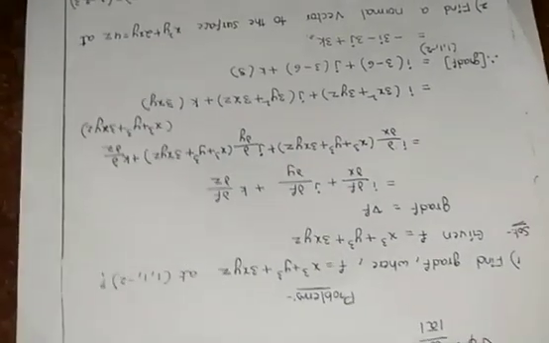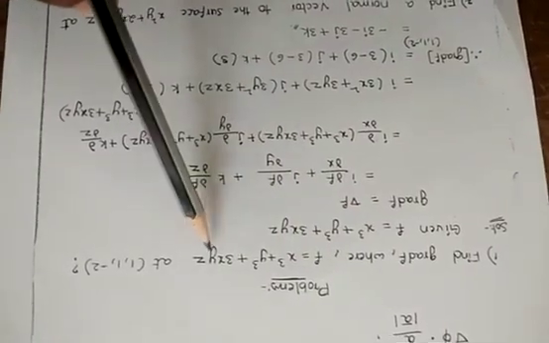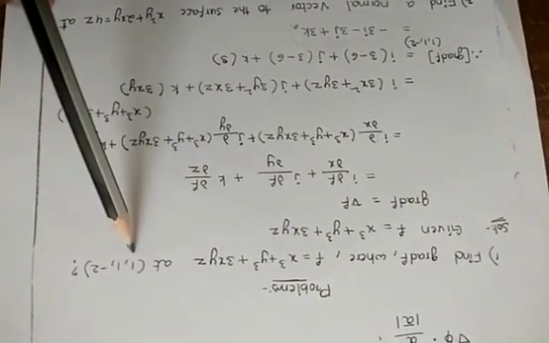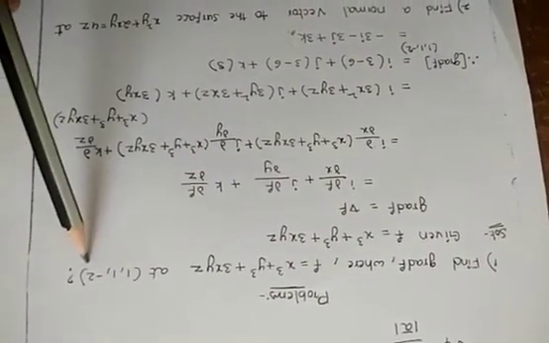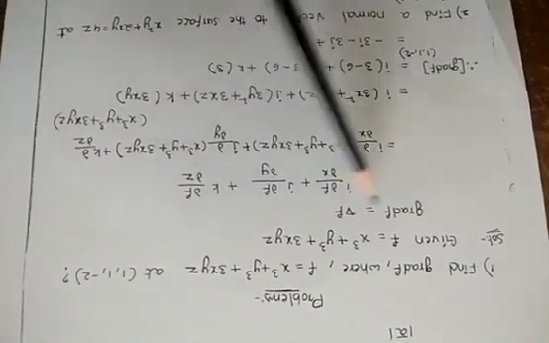Now coming to the problems: find grad f where f equals x cubed plus y cubed plus 3xyz at the point (1, 1, -2). The given scalar potential function is f, now we have to compute grad f.